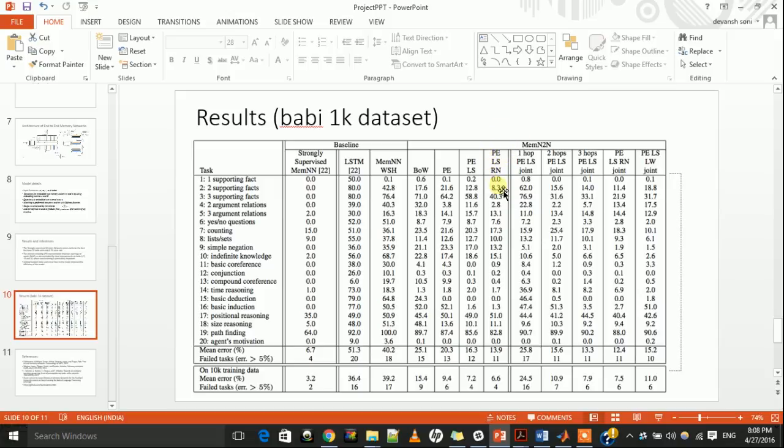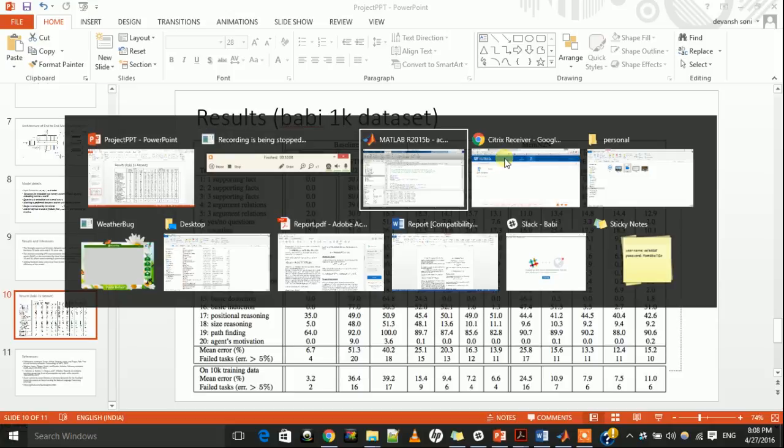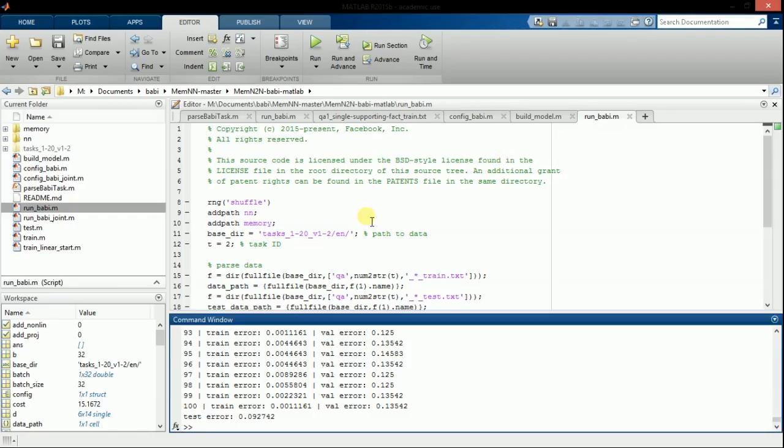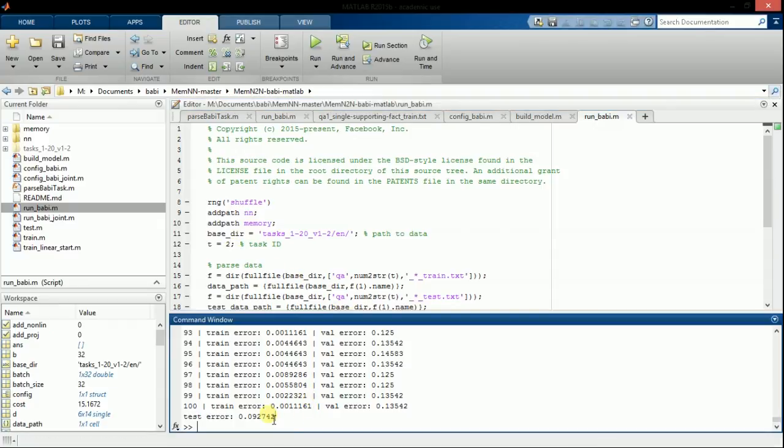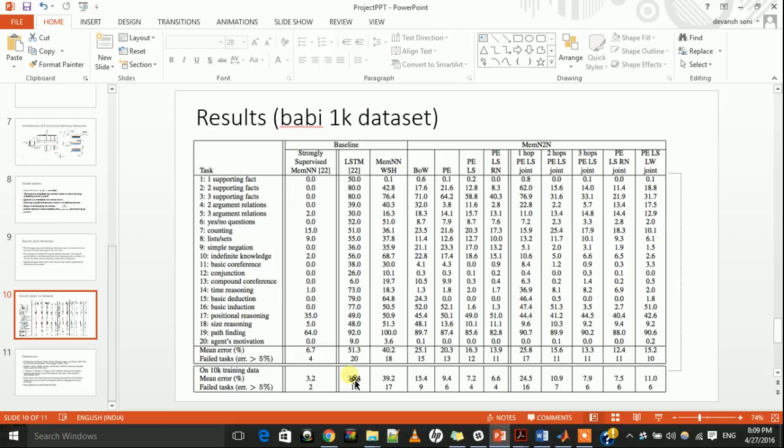And let's go to task 2 and see what the error rate is. So I have changed the task to 2 and I ran this model once, and the error rate is coming out to be 9.2%. And if you look at the table, it is around 8.3 if you average over a number of runs.